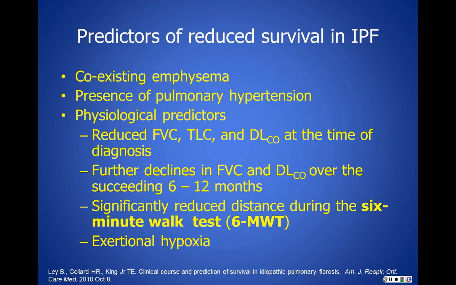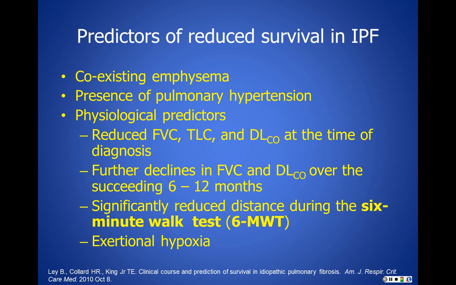Okay? Physiologic predictors. If reduced FVC, total lung capacity, DLCO at the time of diagnosis, or if they drop over 6 to 12 months. Okay? Significantly reduced distance during 6-minute walk test. May not be true in your patients, because in geriatric population you can have sarcopenia or musculoskeletal abnormalities or frailty.